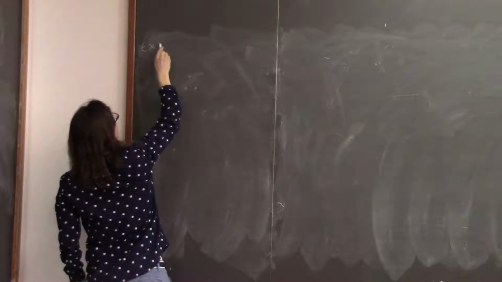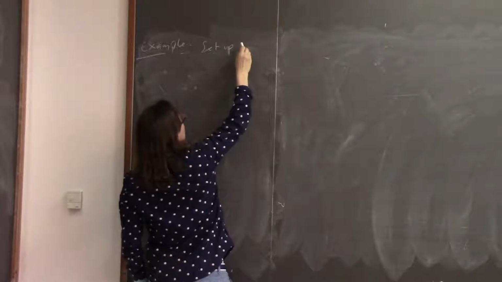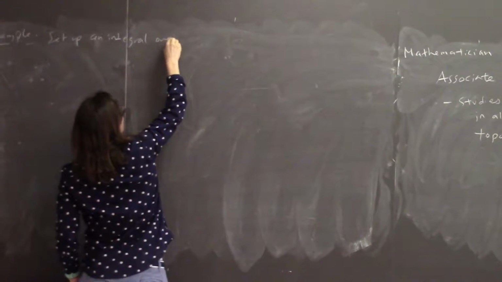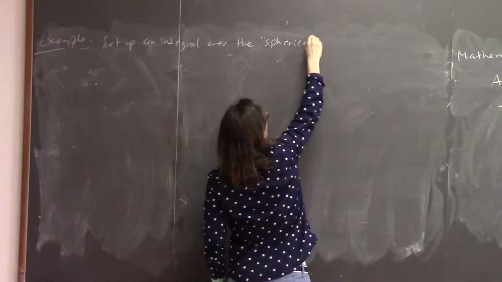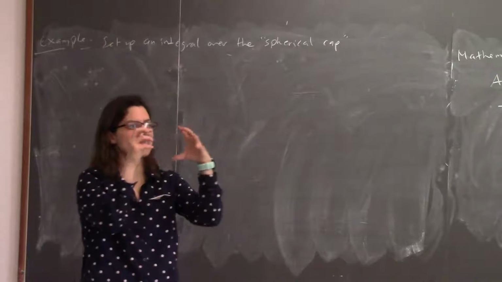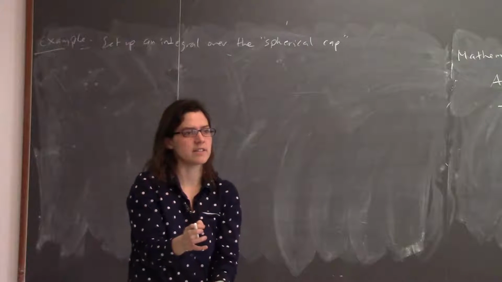So example, set up an integral over the spherical cap, which I'll now draw. Okay, so imagine that you have an orange, and it's a very tasty orange, and you're going to cut it because you want to share it with some people.